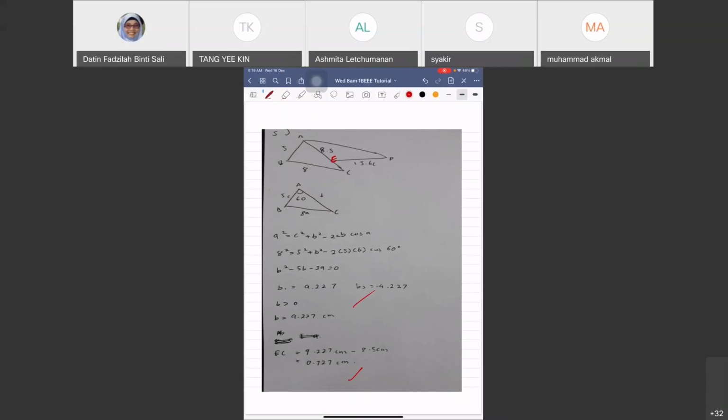Does anybody have a question for this length EC?